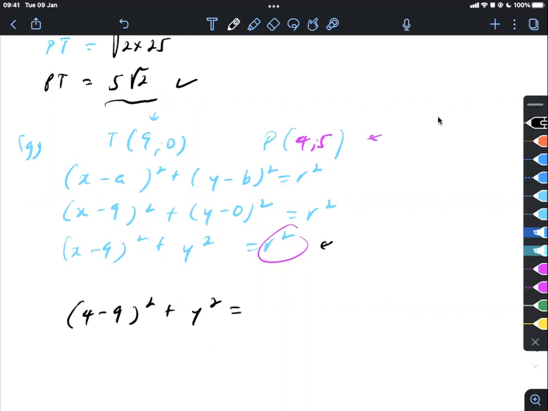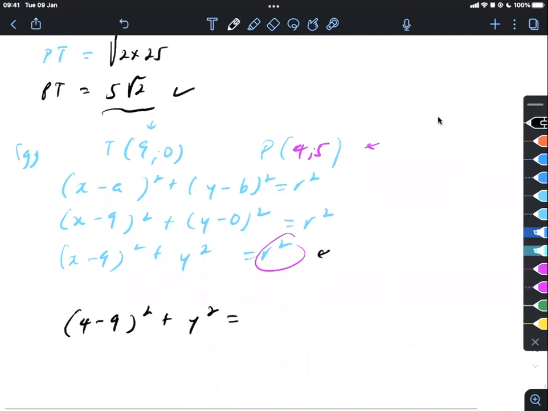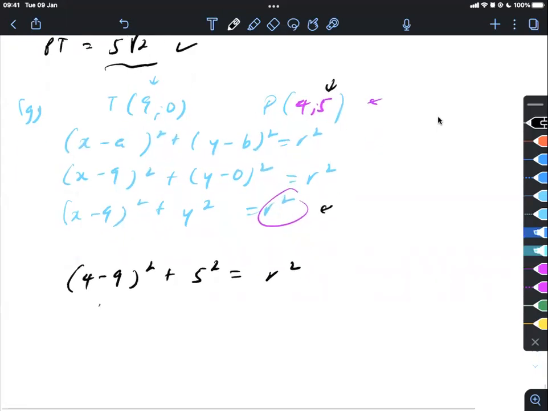If we substitute the y there, what is the y? It's the 5. So I'm going to just put 5 here. Negative 5 squared plus 5 squared, which is 25, should give us r squared. So we basically substitute the values for x and y of P, which gives our radius.